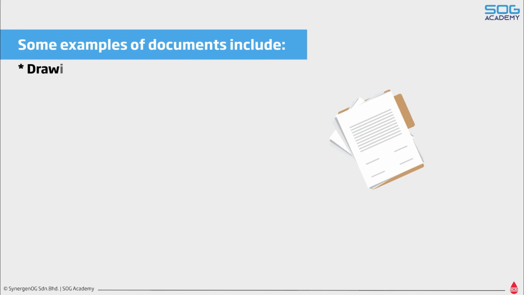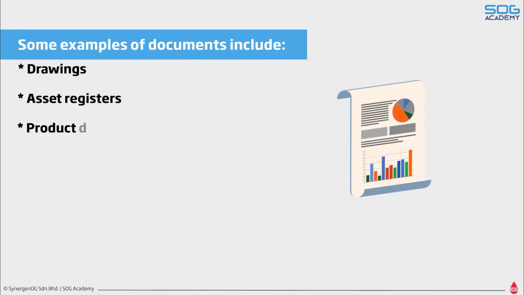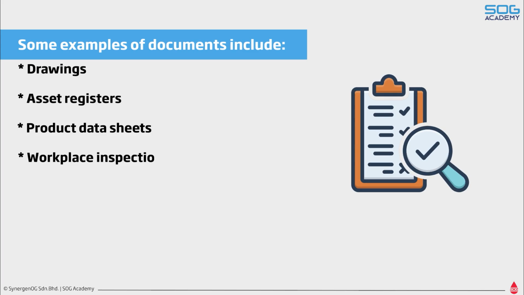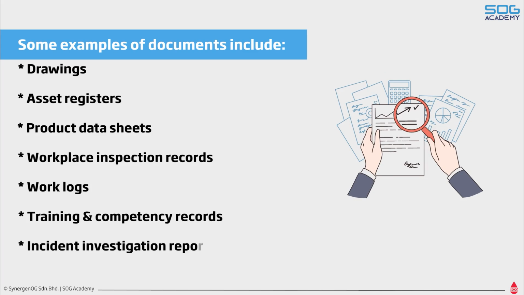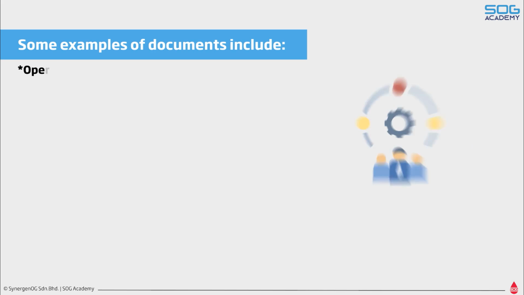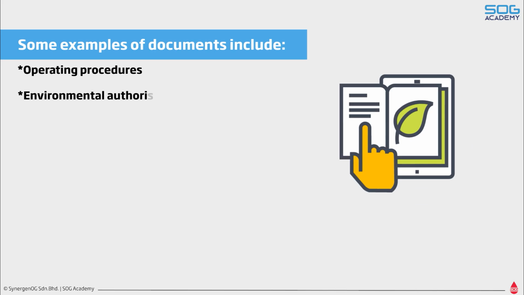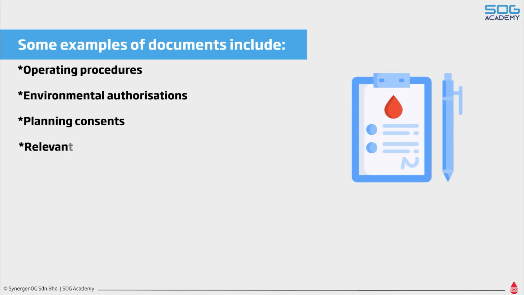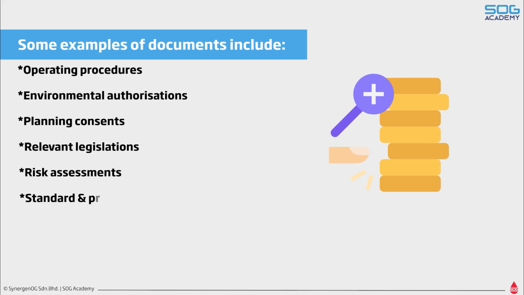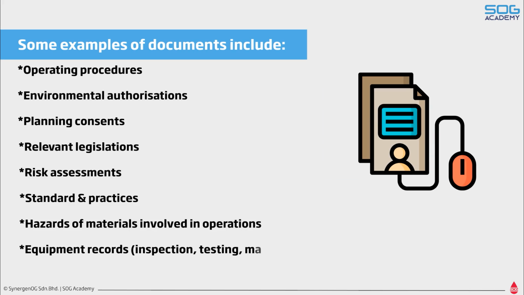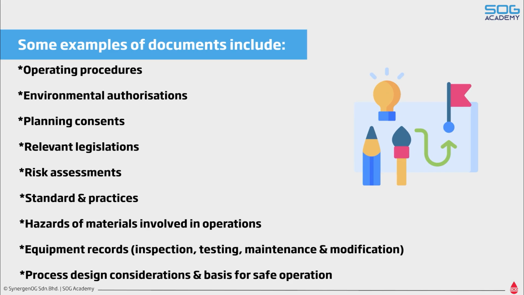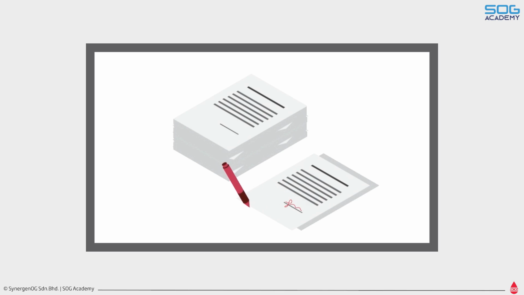Some examples of crucial documents are drawings, asset registers, product data sheets, workplace inspection records, work logs, training and competency records, incident investigation reports, occupational health records, operating procedures, environmental authorizations, planning consents, relevant legislations, risk assessments, standards and practices, hazards of materials involved in operations, equipment records, and finally, process design considerations and basis for a safe operation.